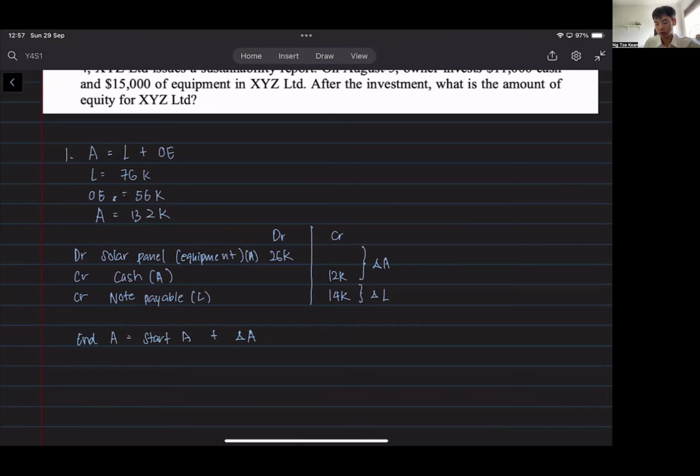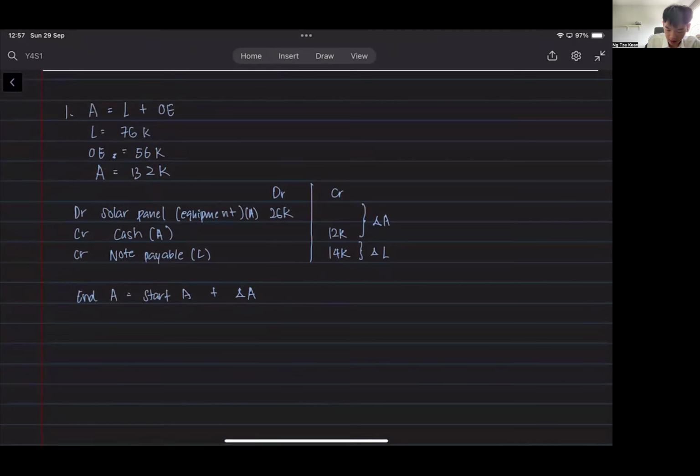Okay, so to solve for this equation, the ending asset is equal to the starting asset of 132,000 plus the change. So you have to note that 26 is an increase to the asset and 12,000 is the decrease in the asset. So the change in asset would be this.